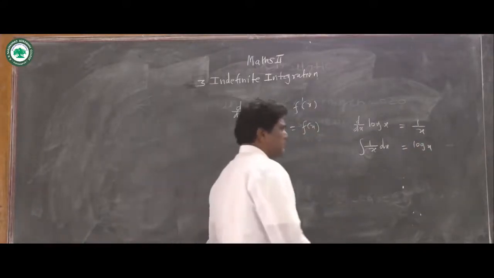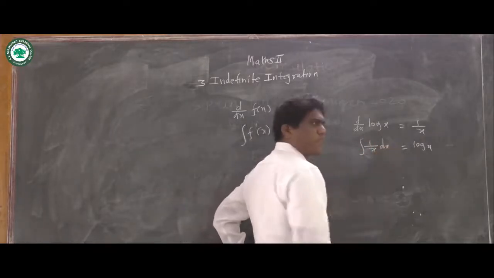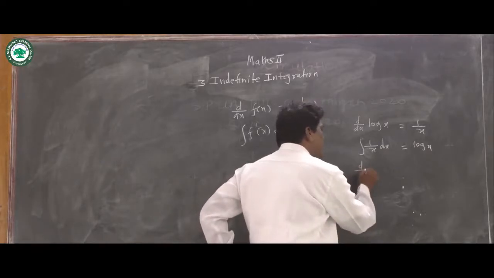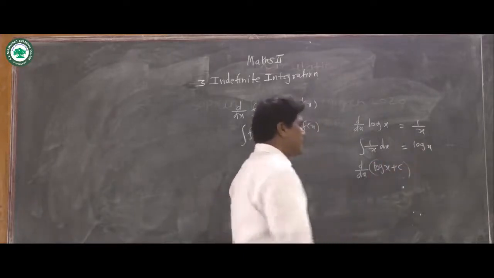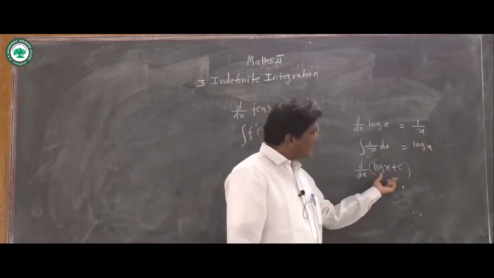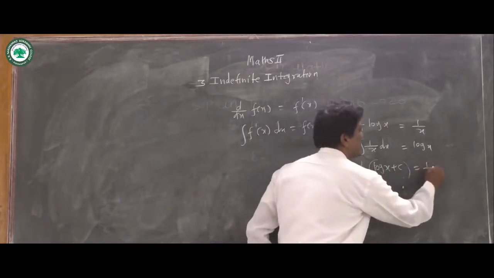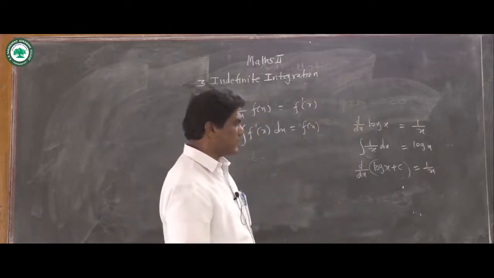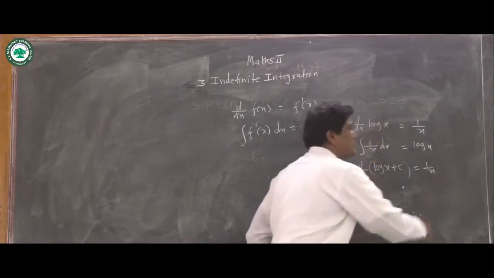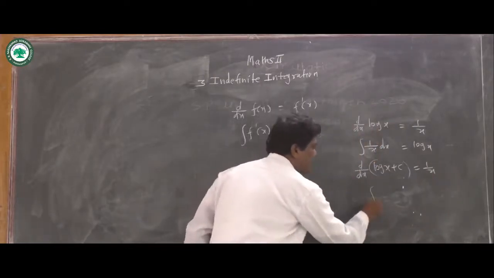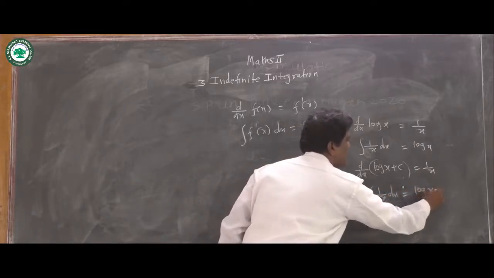Now, when we write this integration sign, always write dx. Now d by dx of log x plus c, where c is a constant. The derivative of log x is 1 upon x, and the derivative of a constant is 0, so there is no need to write 0. Therefore the integration of 1 upon x dx is equal to log of x plus c.